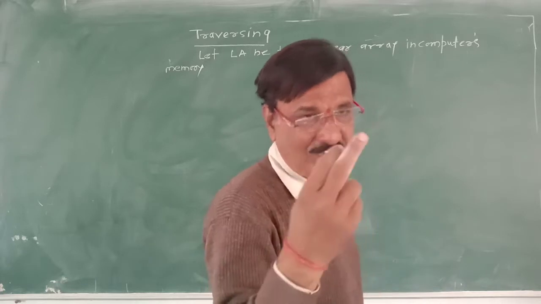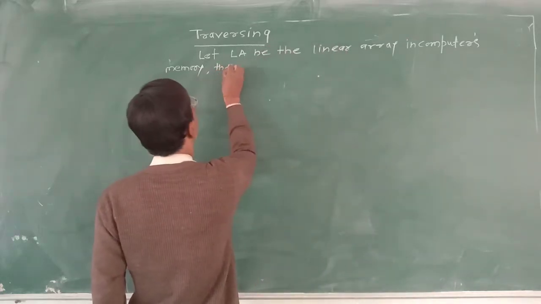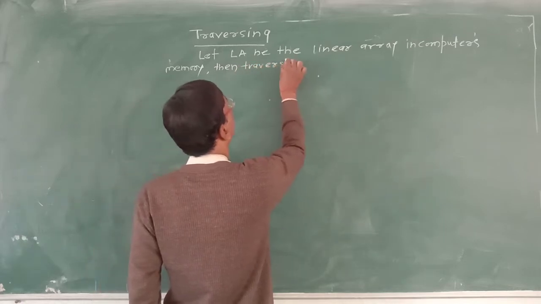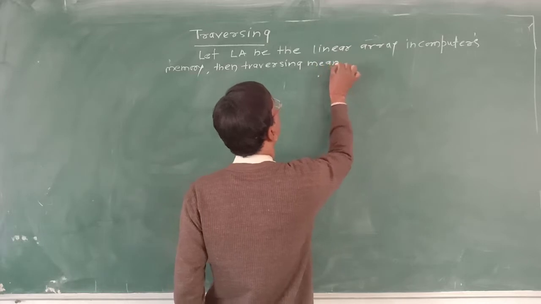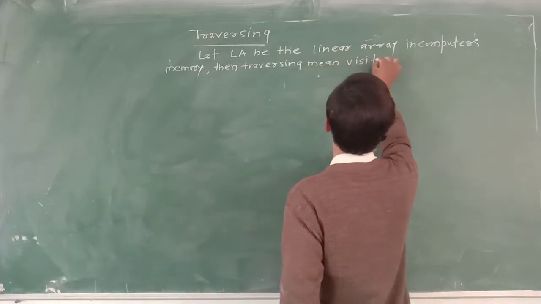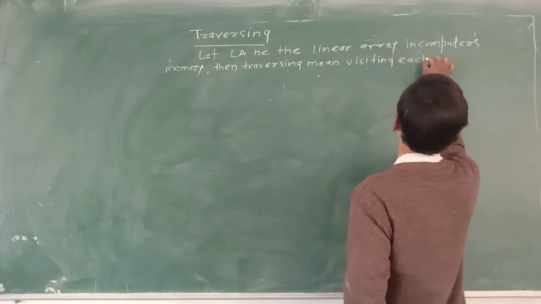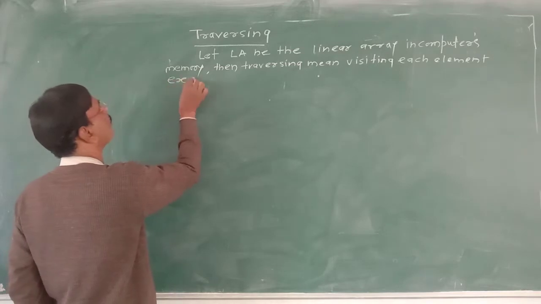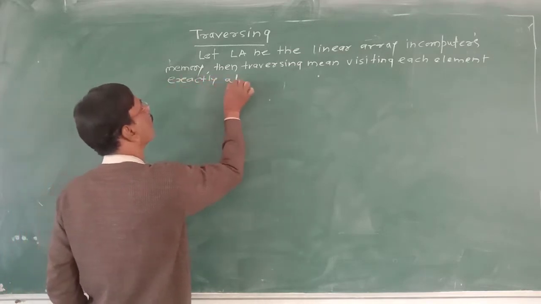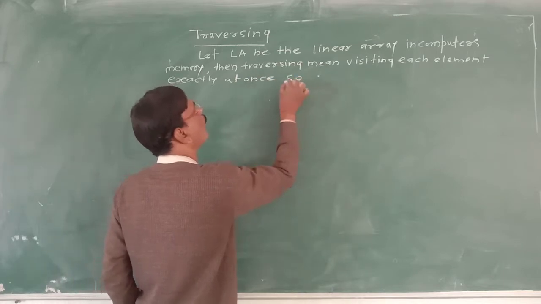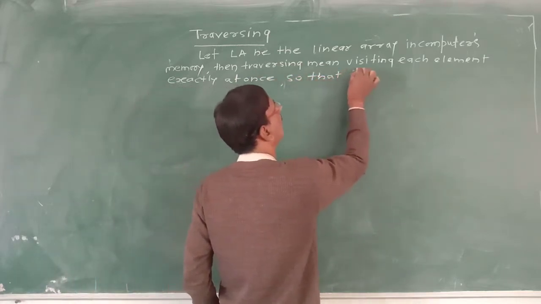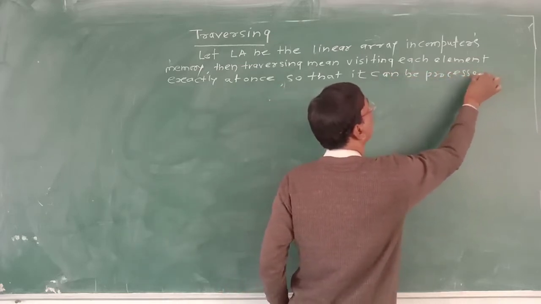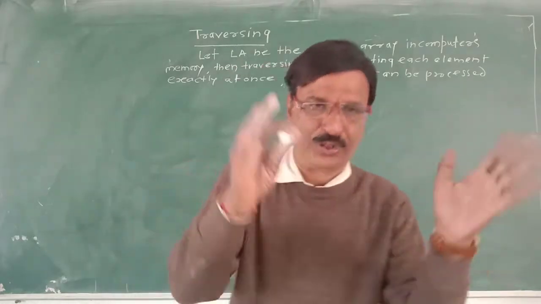Then traversing means visiting each element exactly once, so that it can be processed. Now what we are going to see is visiting each element and processing.